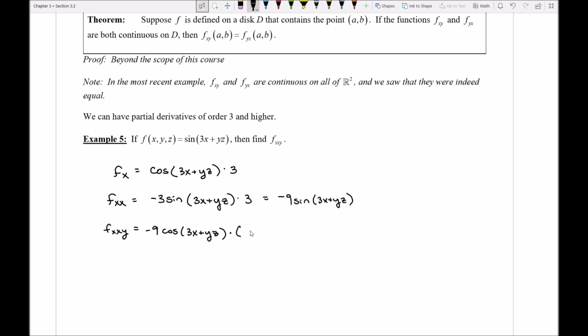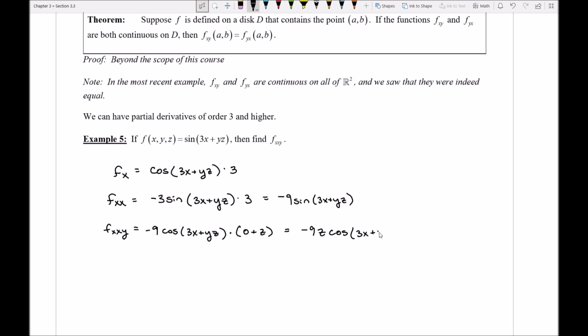I'm treating x here like it's a number, so its derivative is going to be 0. When I do the derivative of y times z, now note y is my variable and z is a number. So the derivative there should just be z. In total, then, this kind of triple partial derivative is the same as negative 9 times z times the cosine of 3x plus yz.